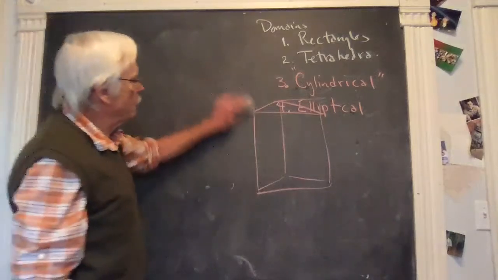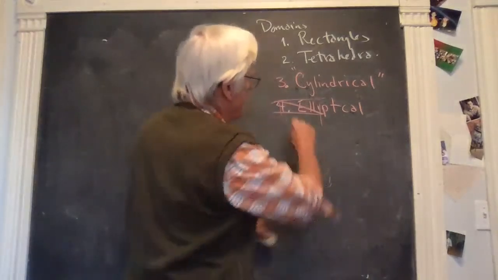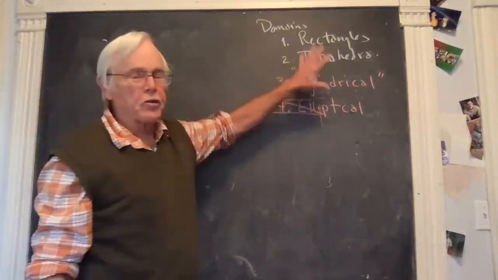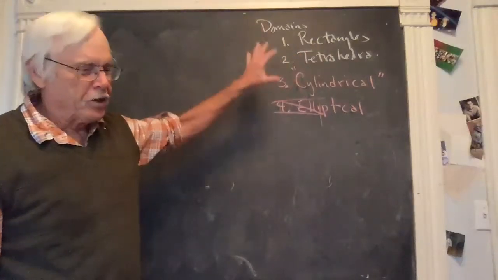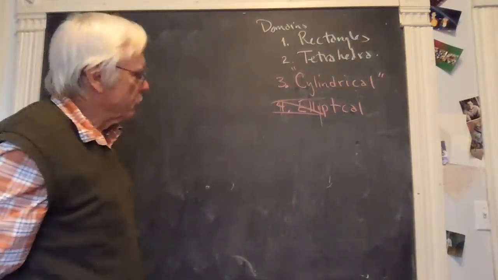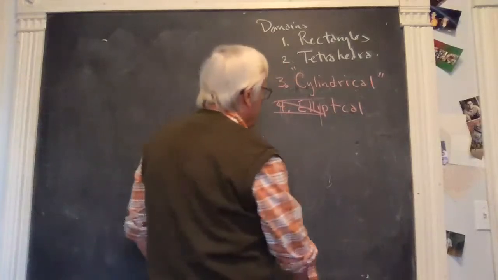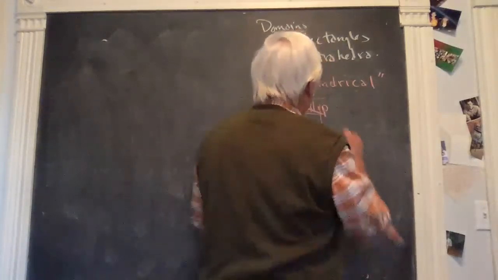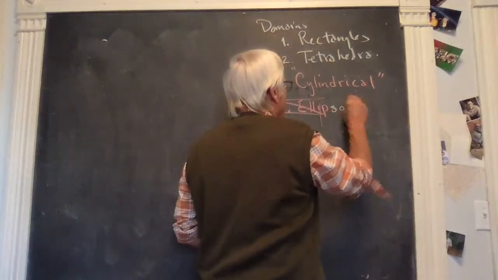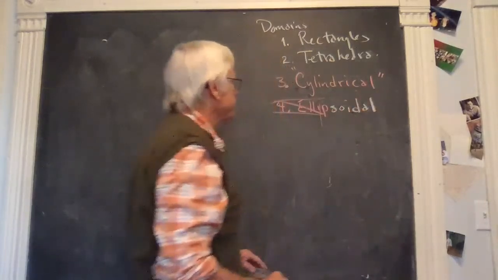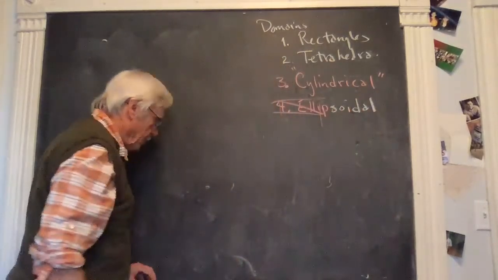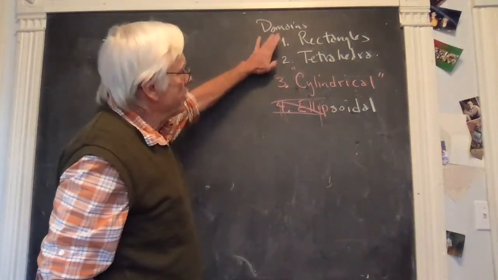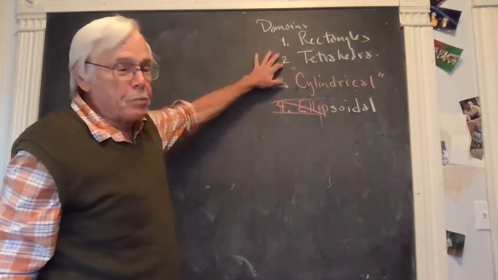So next time we'll be able to deal with these two shapes. Other shapes are not as canonical as these. These are special ways you can just handle it. And so we'll talk about those. This should be called ellipsoidal because it's 3 dimensions. So they get more complicated. This is definitely the easiest, is rectangles, tetrahedra. Not too bad.